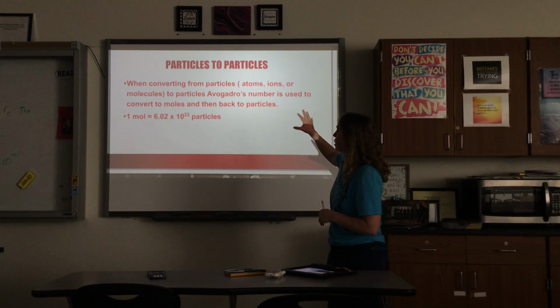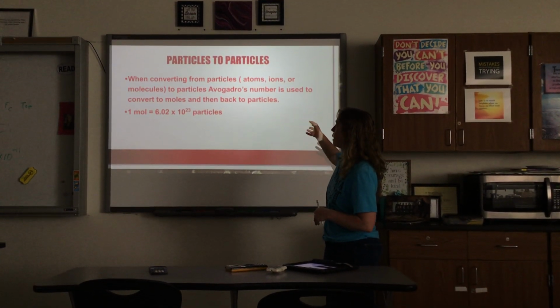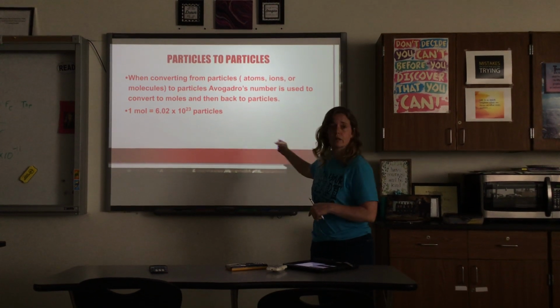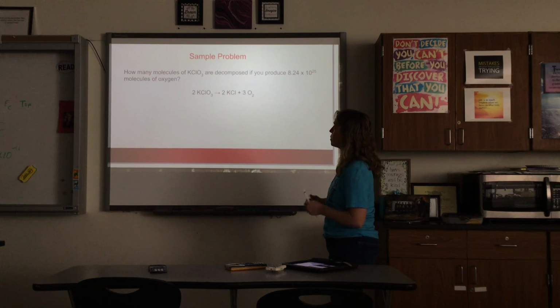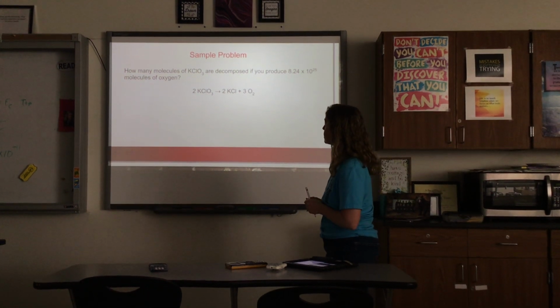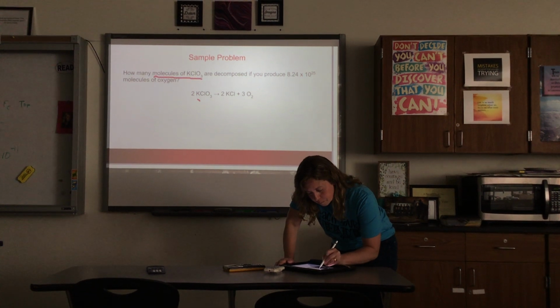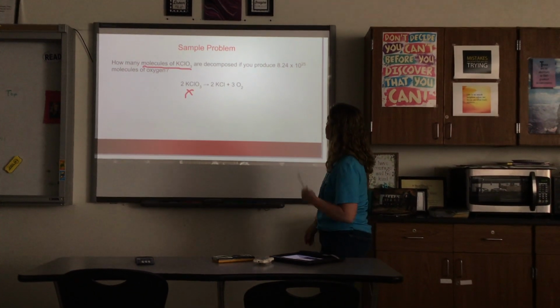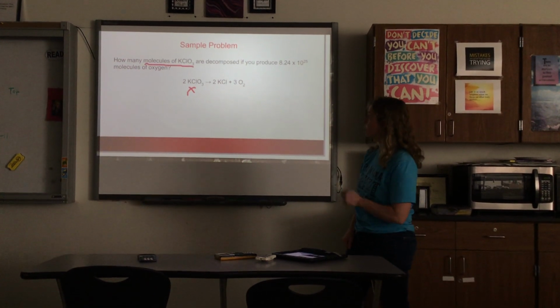So you're going to convert from atoms, ions, or molecules to moles, and then back to particles, just like we did with volume. So in this problem, it says how many molecules of KClO3, so that's what we're looking for, are decomposed if you produce 8.24 times 10 to the 25th molecules of oxygen.